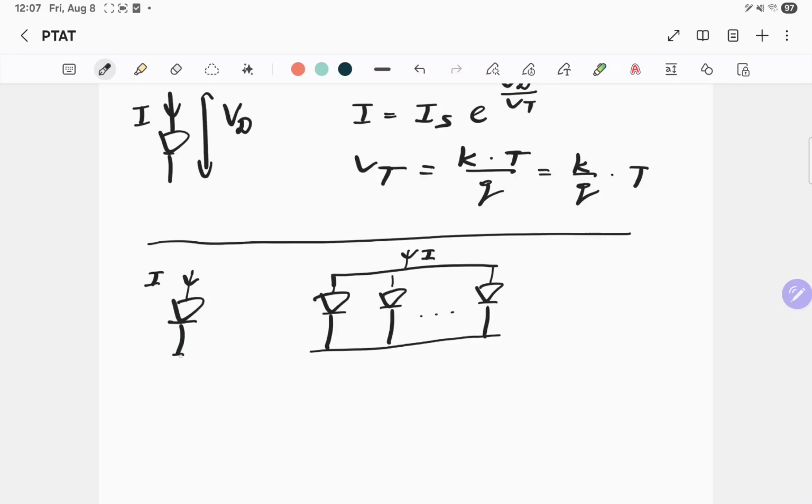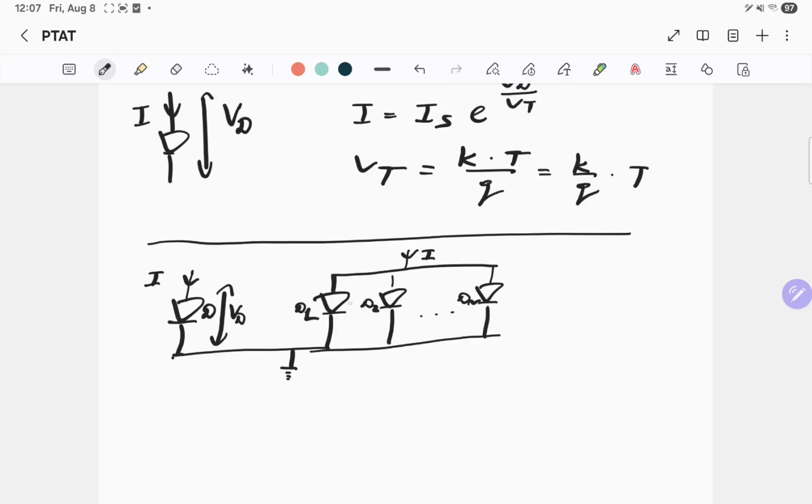And let's assume that this is just a ground here. So let's denote them as, this is the diode D, this is the diode 1, diode 2, and diode N. The voltage of this diode on the left we will denote as VD, and these ones share the terminals.